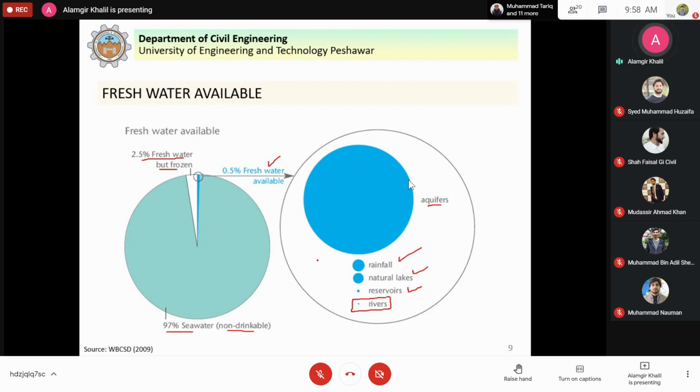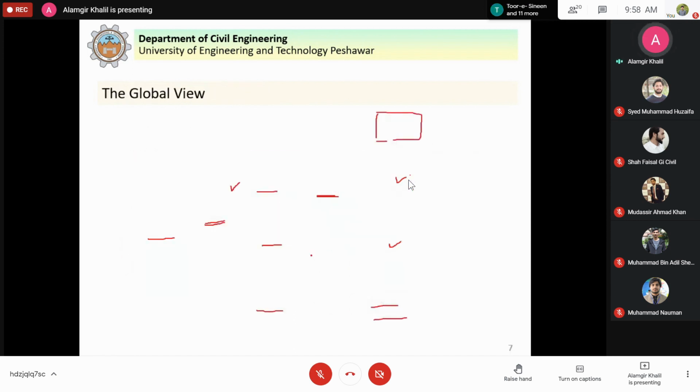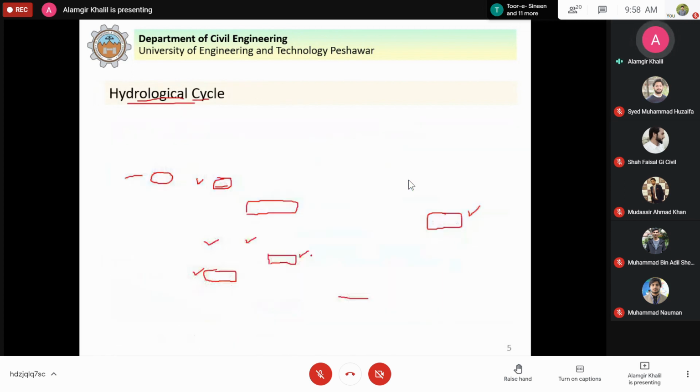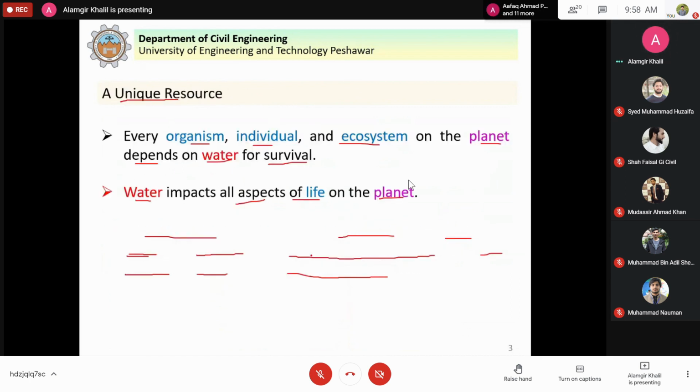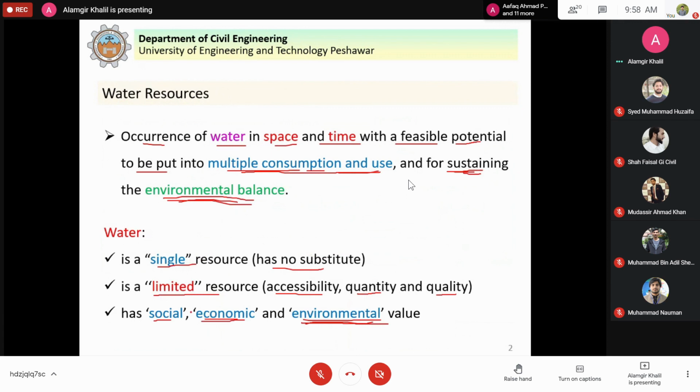We divert the river water for different purposes, for agriculture purposes, and so on. That is why we say that fresh water is a finite resource. We cannot say that water is available unlimitedly.